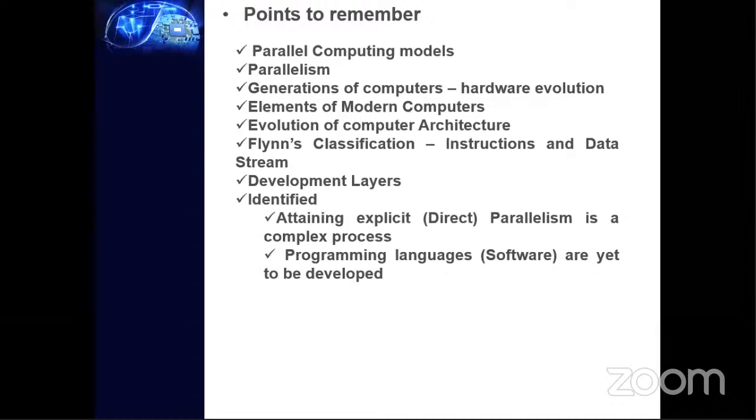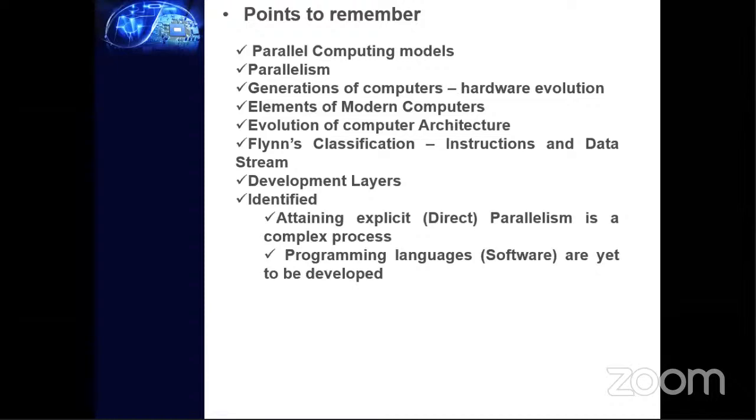Then we identified one more important point under the discussed topic. What is that? Programming languages, that means software, that are yet to be developed. For our sequential computers, there are a number of languages and software. Even per day, per month, per year, languages evolve. We know well the advanced languages today are .NET and Java.